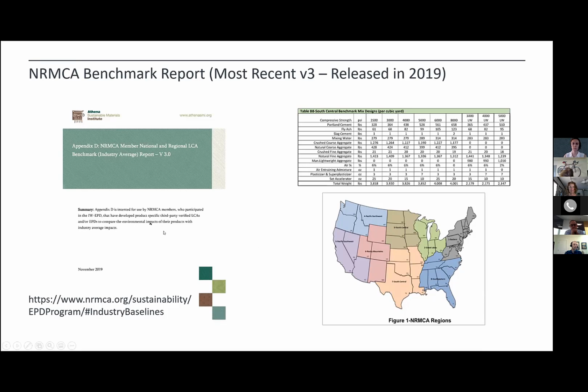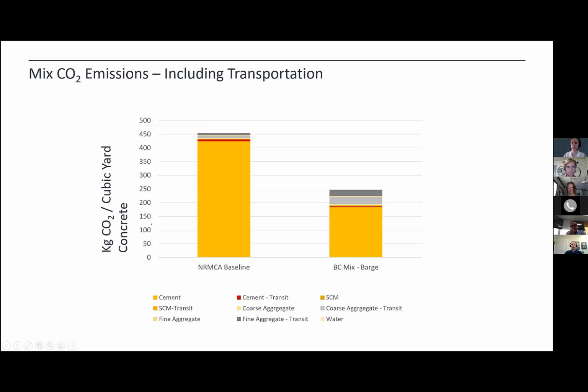Last fall, the version 3 report came out, and the appropriate regional mixes, because as this map of the US shows, and it's quite more granular than this, NRMCA has grouped it at least by some states, that because of local practice, local aggregate availability, the proportions really can vary significantly.